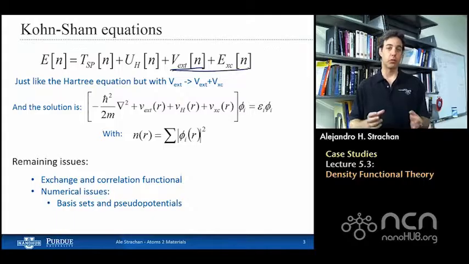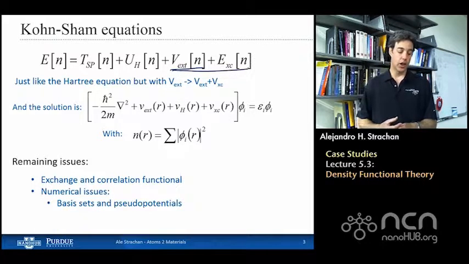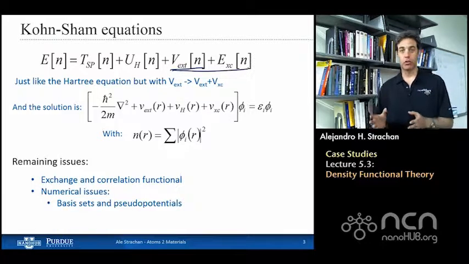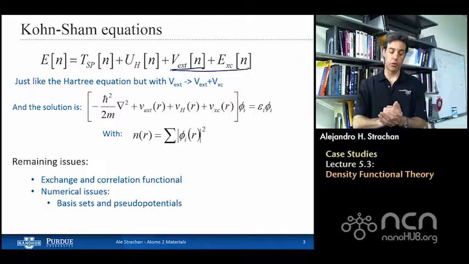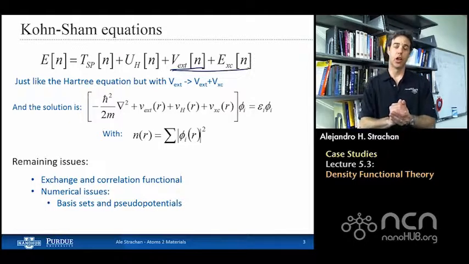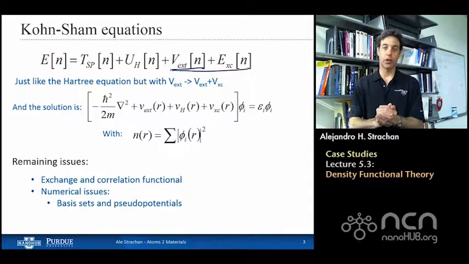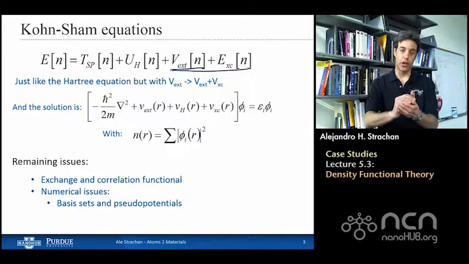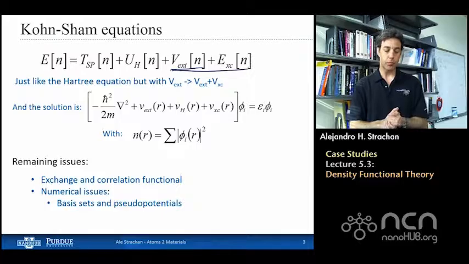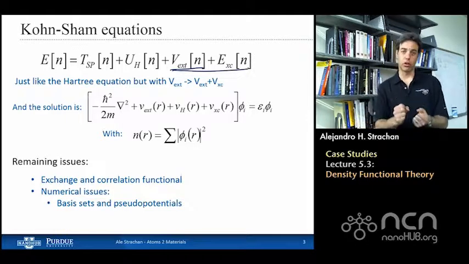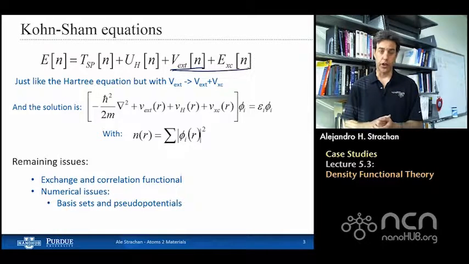And these basis sets could be plane waves or could be localized basis sets. And also, we use pseudopotentials to replace core electrons. Most of the time when we do DFT calculations, not always, you replace the electrons that are near the core with what's called a pseudopotential that takes care, because those electrons, low energy electrons, are very inert.